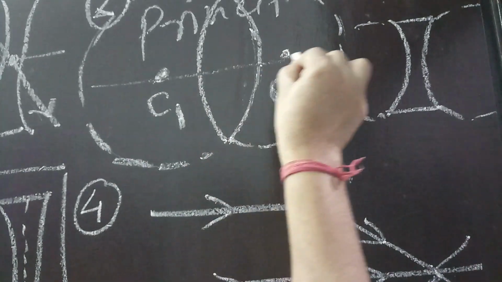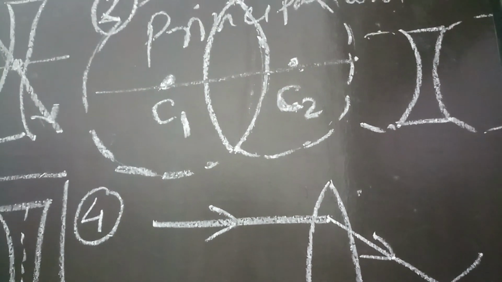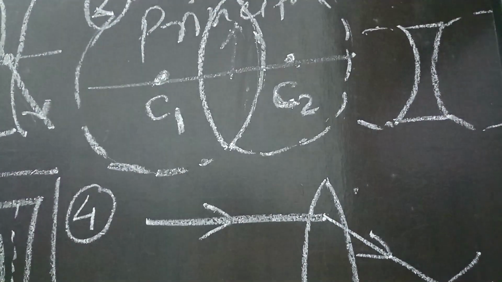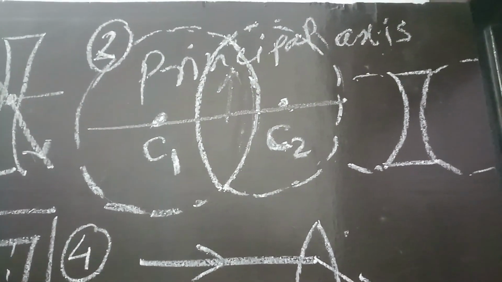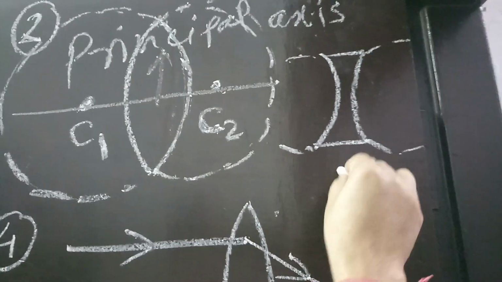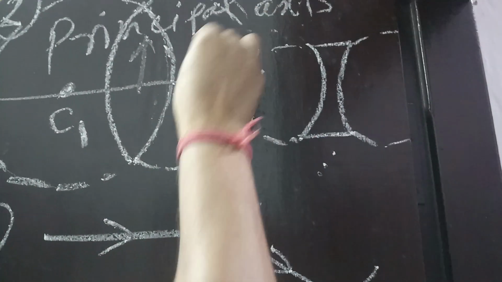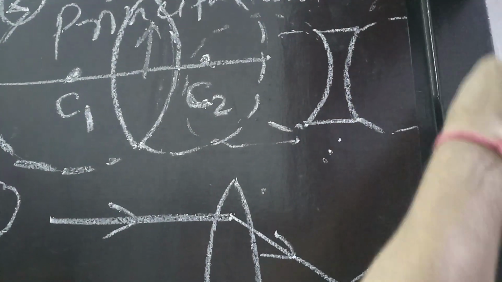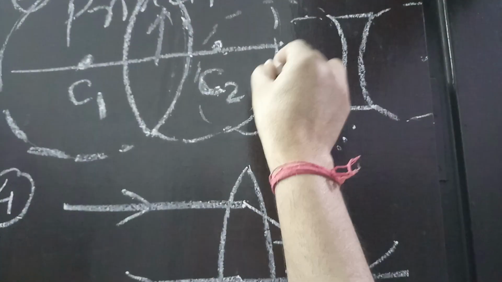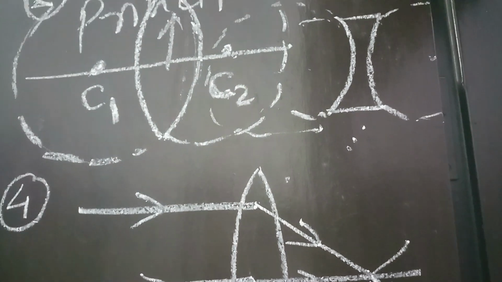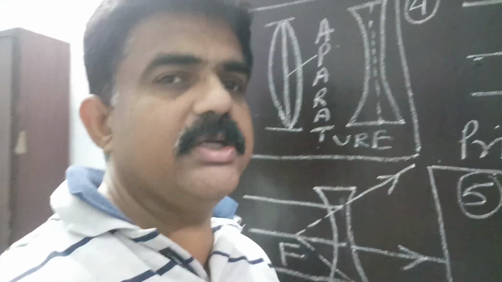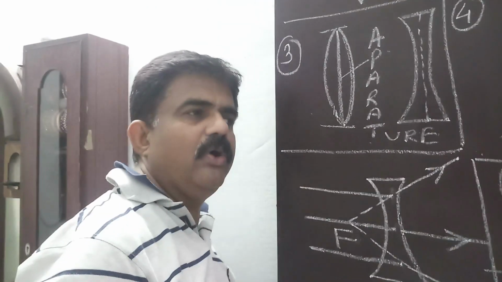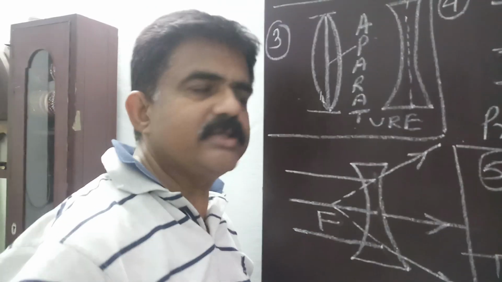The line which passes through C1 and C2 is called the principal axis. Similarly for a diverging lens, this is one sphere and this is the other sphere. When we join the two centers, the imaginary line which passes through the two centers we call the principal axis.